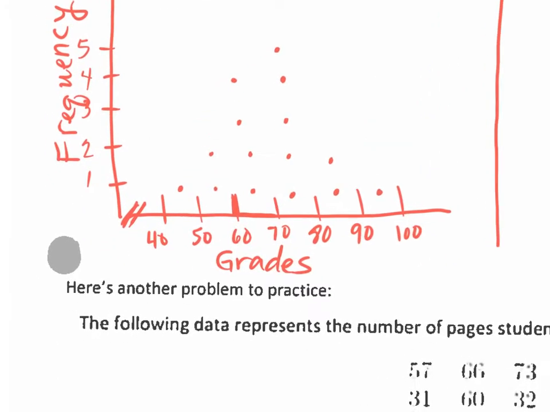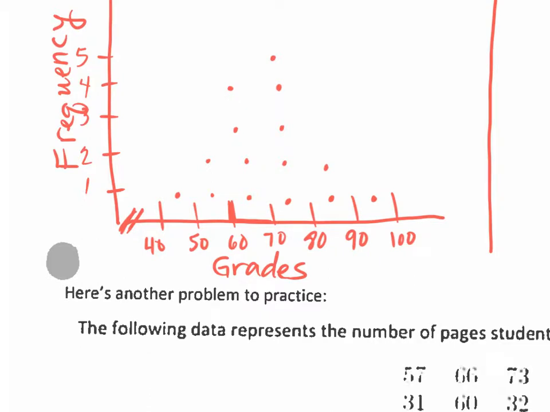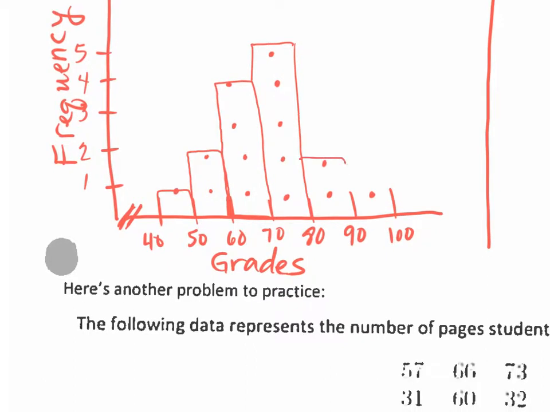Okay, and then when I'm done doing the data, then I will make my bars. And they touch each other because it is a number line, a consistent number line. And so there's my histogram.